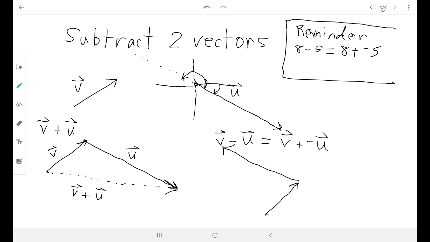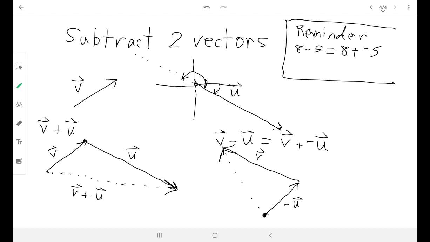Okay? So then the new vector, so here's V, here's negative U. The new vector, oops, I didn't draw that very well. The new vector is still drawn from the beginning of the first one to the end of the last one.